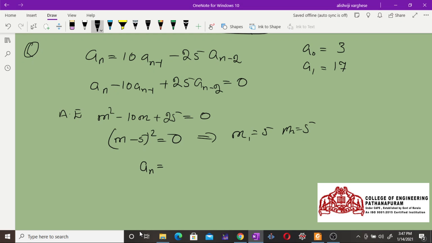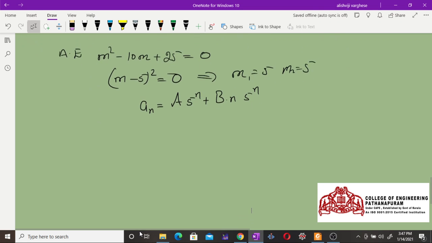an is equal to some constant a into 5 raised n plus some b into n into 5 raised n. So that will give the general form of our solution.